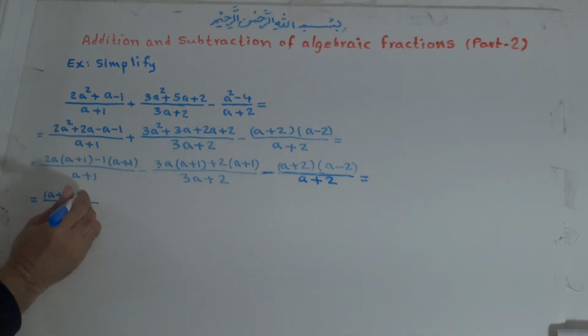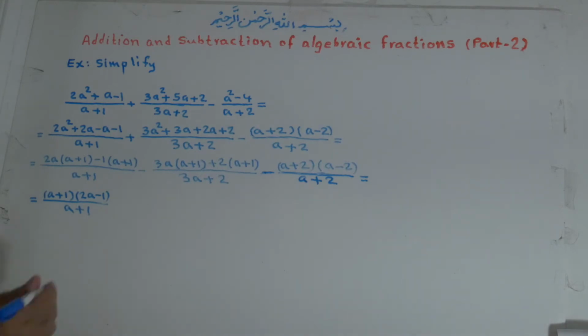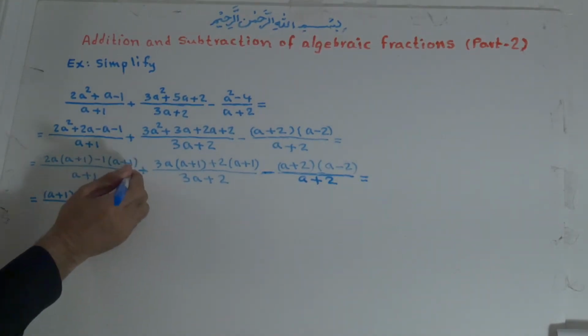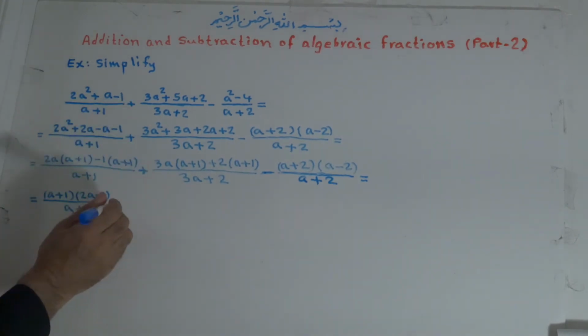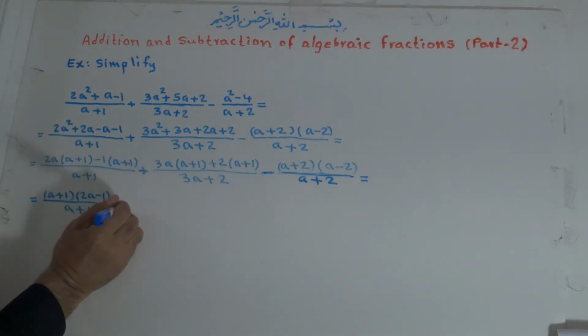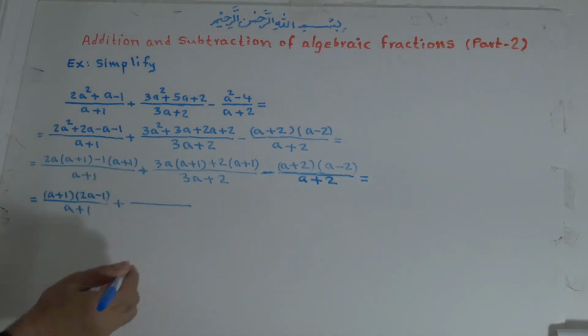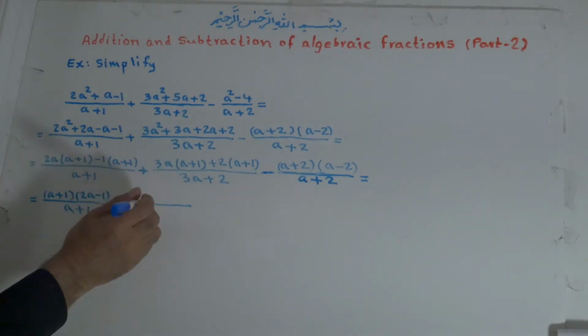Here 2a minus 1, over a plus 1. Here it is positive for the plus sign, and in the second fraction, what's common? A plus 1.